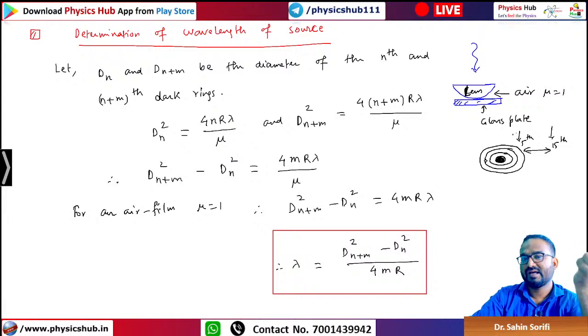If you get a rare, very costly liquid, you can take a drop of that and put it in place of the air film, and with the help of this Newton's ring experiment, you can evaluate the refractive index of that particular very costly liquid.